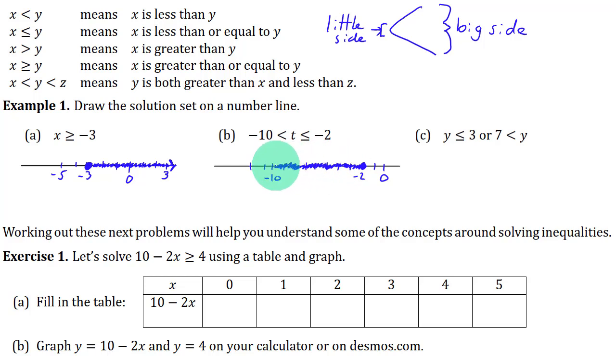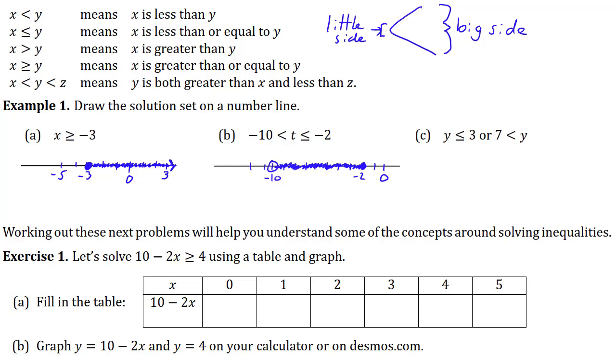And -10 itself is not a solution, because if you plug in -10 here, -10 is not less than -10. This just says strictly less than, not less than or equal to. So to show that, you use an open circle at that point. That includes numbers like -9, -9.9, -9.9987564321, anything that's really close to -10.